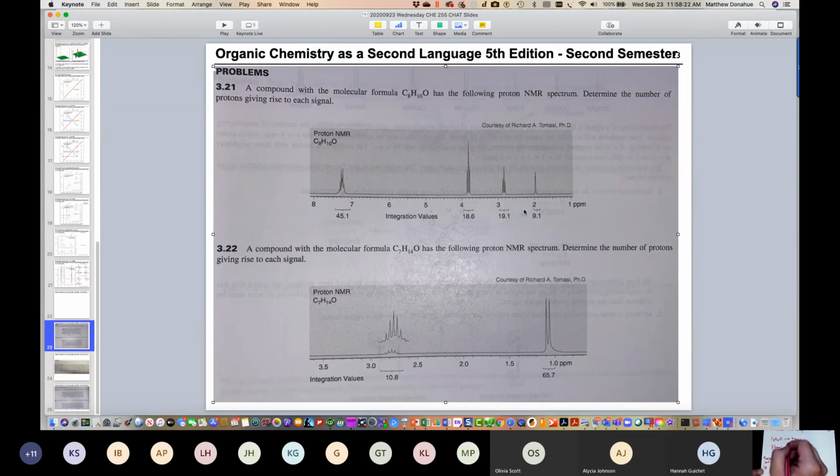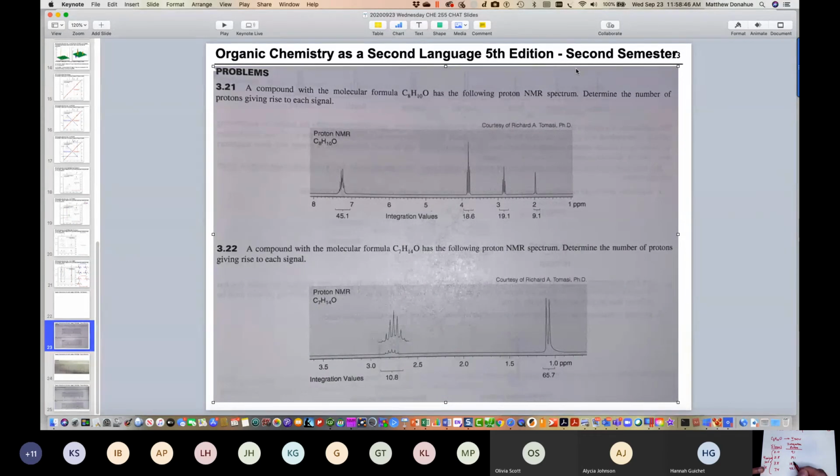Now, what I want to do in this column is look at those integration ratios. All I'm doing is recording the numbers 9.1, 19.1, 18.6, 45.1.